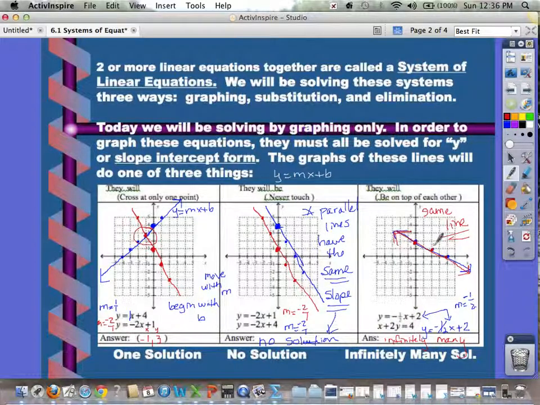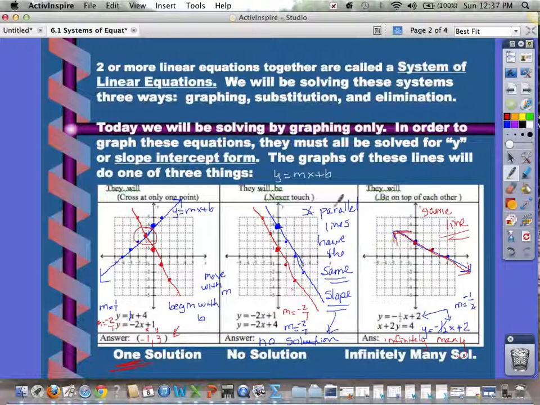It does not matter because every single pair of those ordered pairs will work for both problems because it's the same line. So same line will have infinitely many number answers. Parallels won't have any, but if they cross, which most of ours will do, and that's what we'll be working with the most, you must find that intersection, and that is your solution, and it is only one solution, and that's the ordered pair that you will have to find.